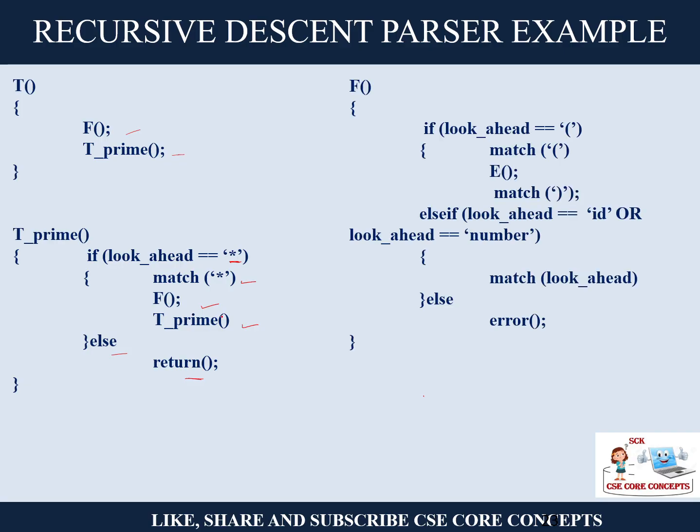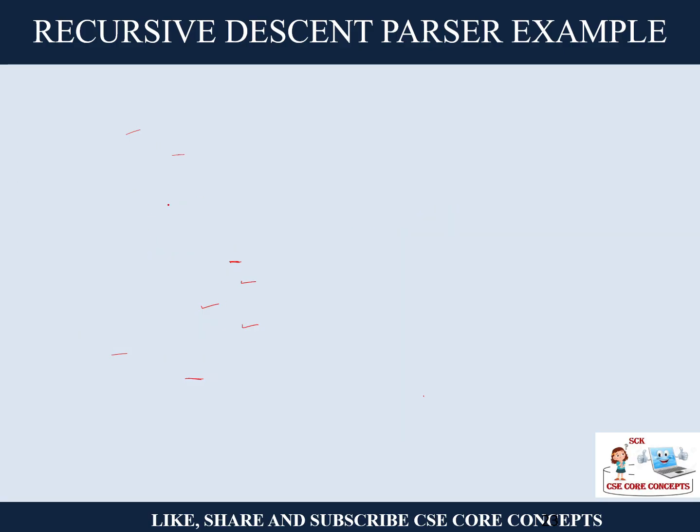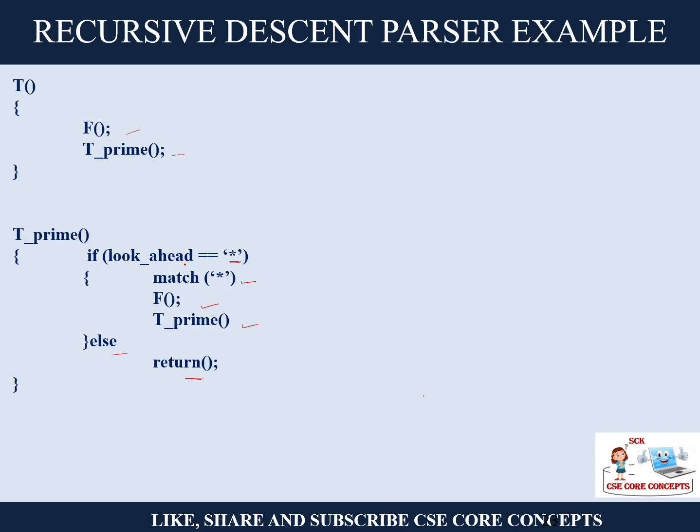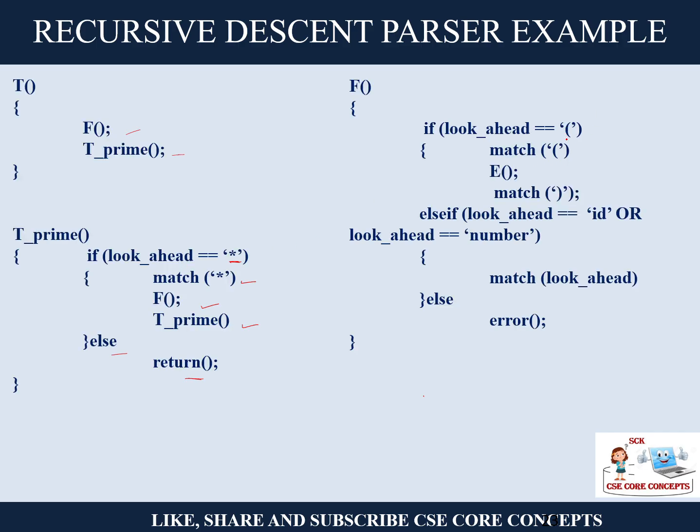For the function F, F can be E or identifier. If you notice, this E is in brackets, so these brackets are also terminals. Your look ahead should match the opening bracket. Then it is going to call the E function, and then it will match the closing bracket.